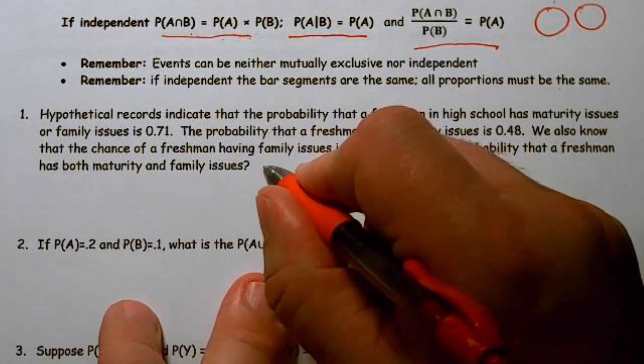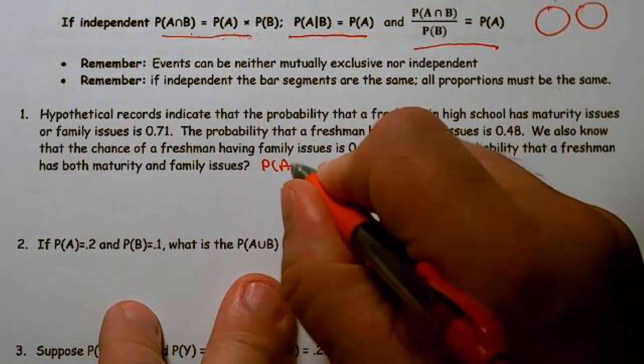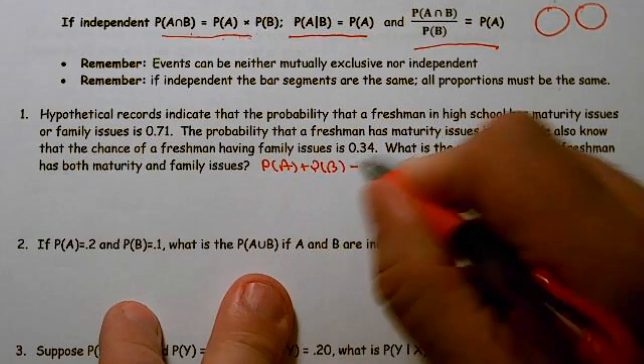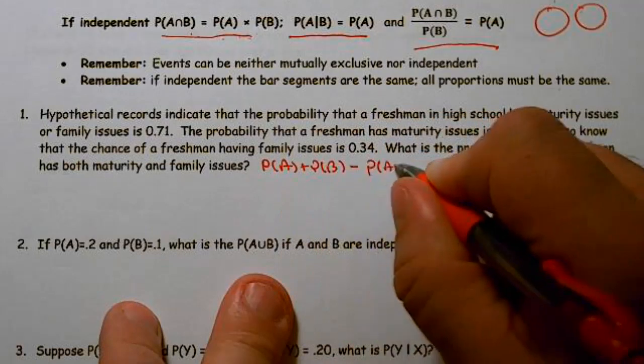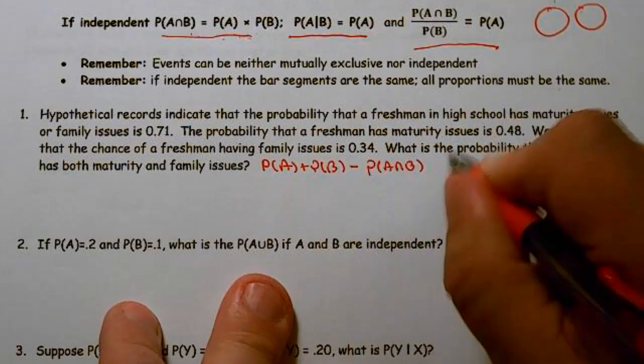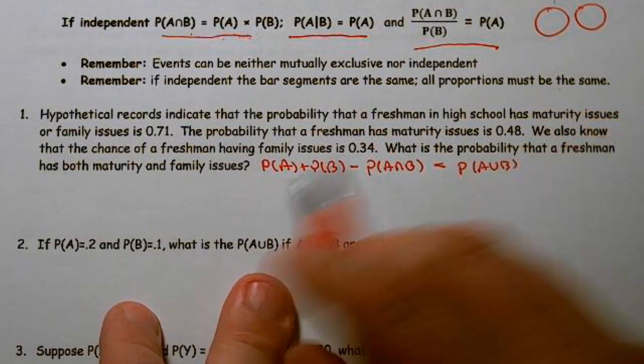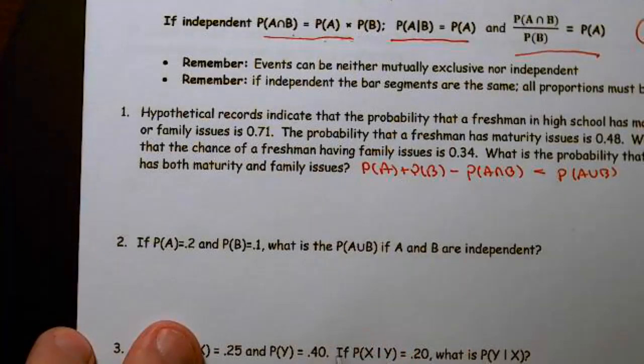So this sounds like it's going to be the probability of A plus the probability of B minus the probability of A and B equals the probability of A union B. And we can probably make it easier for ourselves by putting it in terms of this problem.